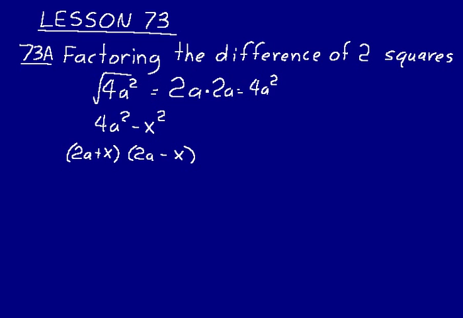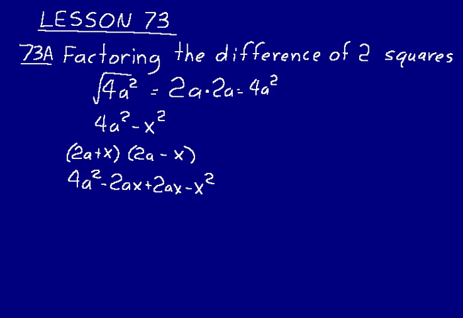Now we can always check our work and make sure that we really did that correctly. Let's take the 2a on the left, multiply it by the 2a on the right. That would give us 4a squared. Then multiply it by the negative x. That would give us negative 2ax. Then take the x on the left, multiply it by the 2a on the right. That would give us a positive 2ax. And then multiply it by the negative x, which would give us negative x squared.